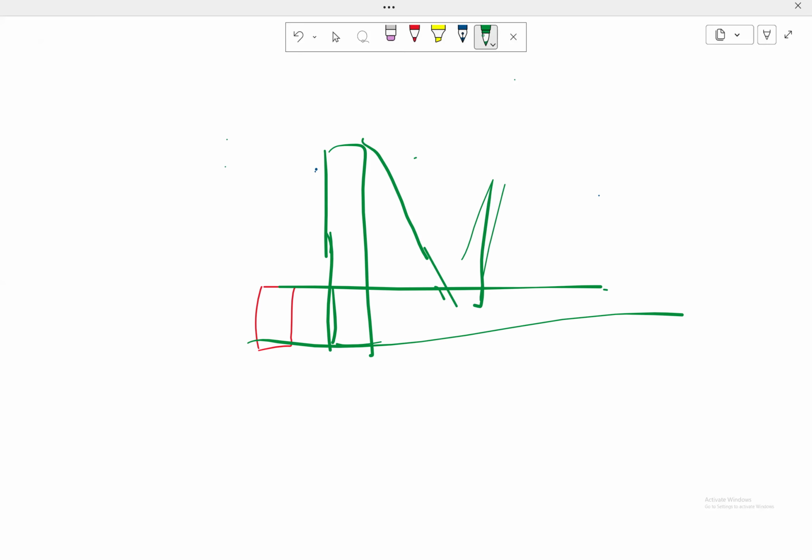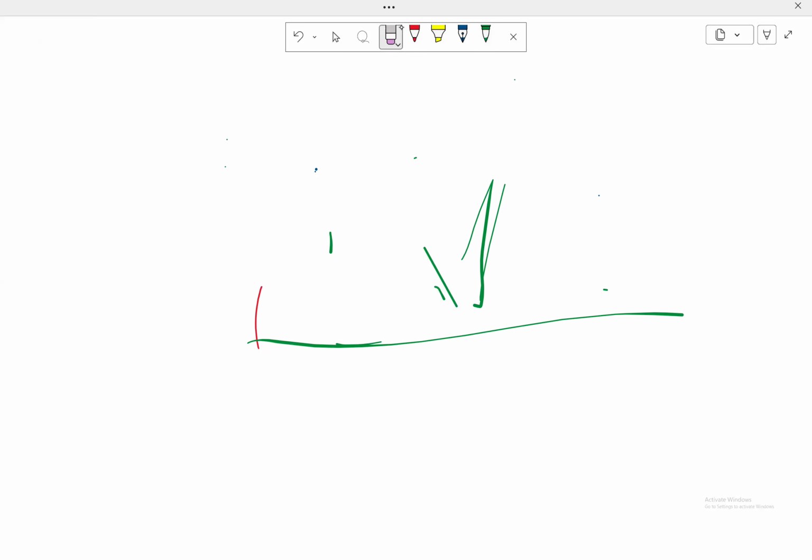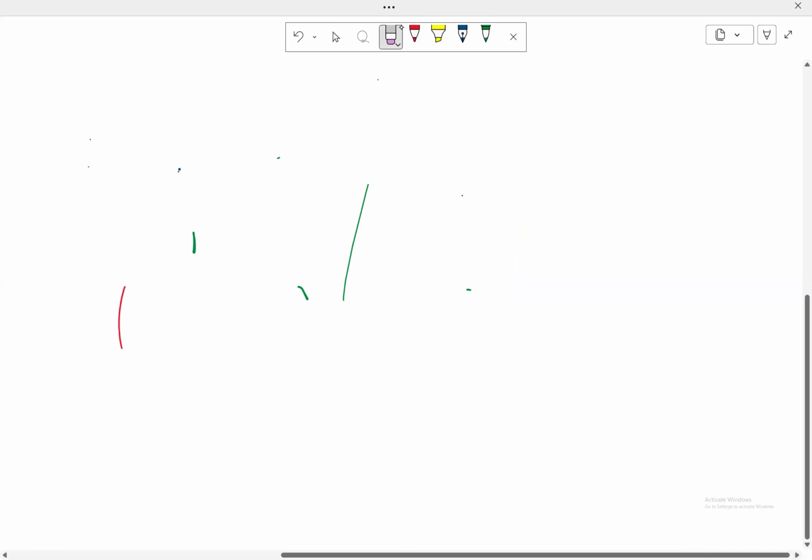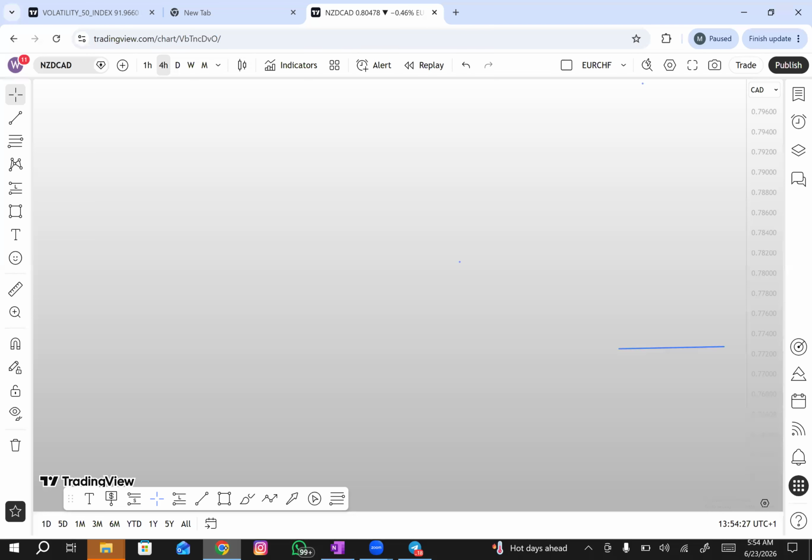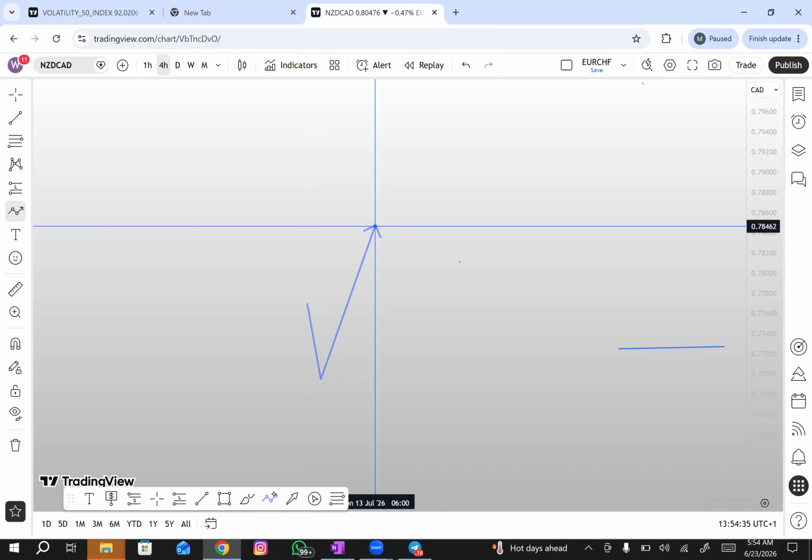Okay, so now let's look at our strategy. Let's look at it this way. The first thing is a basic market structure, right?